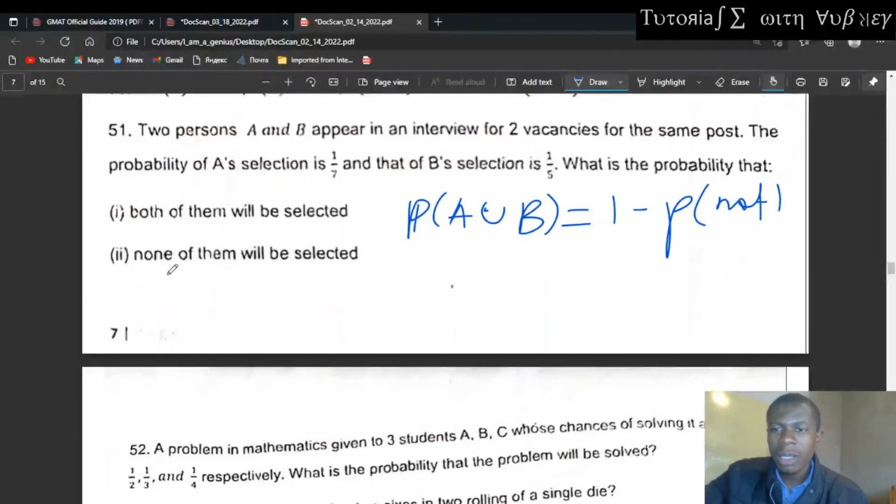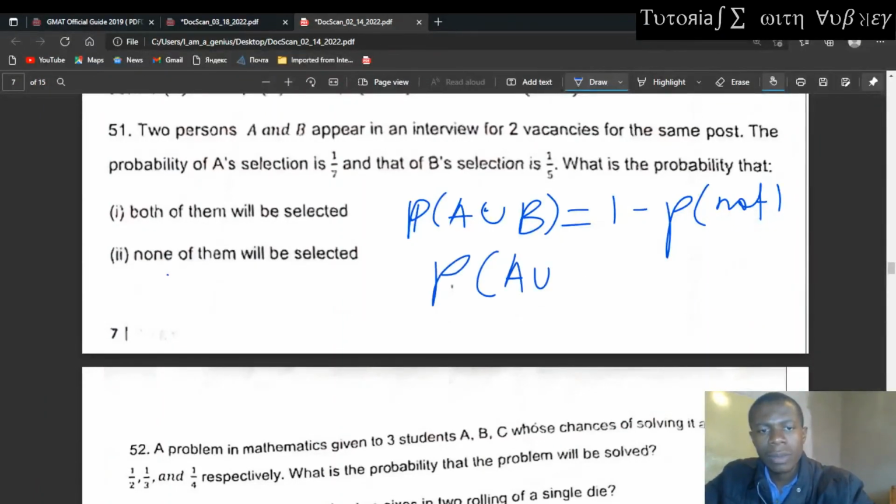Question 51, part 2: none of them will be selected. None of them is actually probability of A union B complement, right?